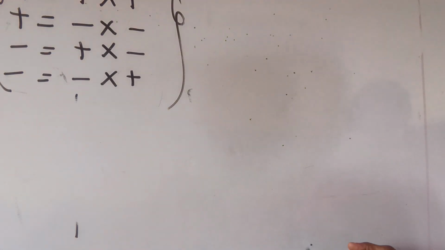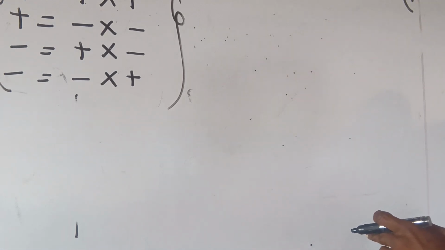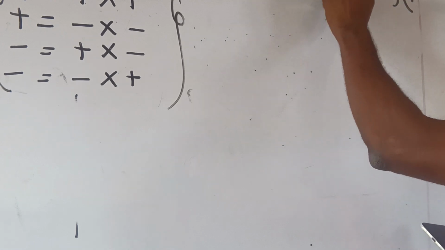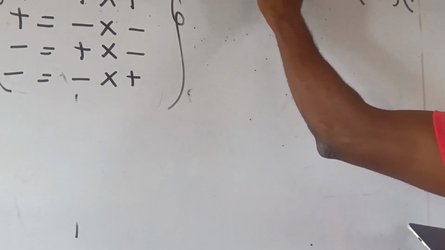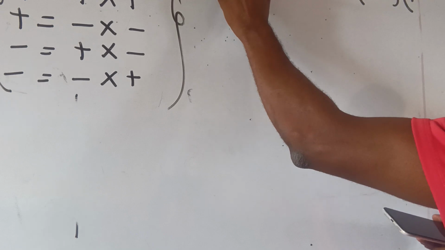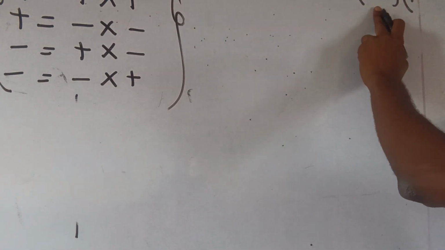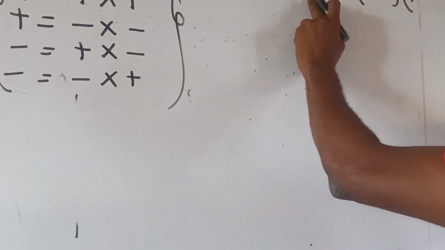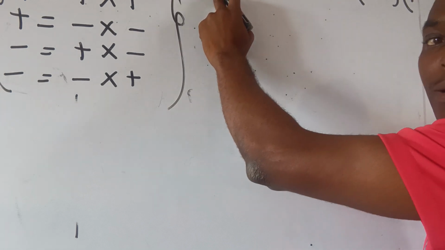Which of the following is equal in value to, let's look at it, minus 6 in brackets, minus plus 9 in brackets, plus 12 in brackets, minus 4 in brackets.